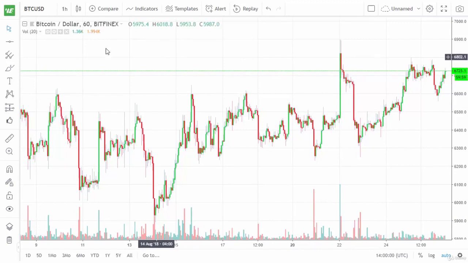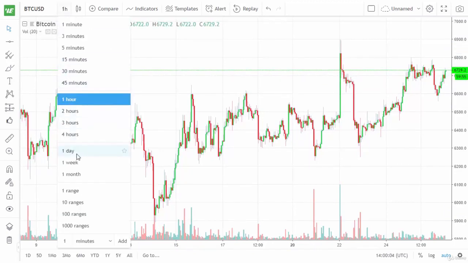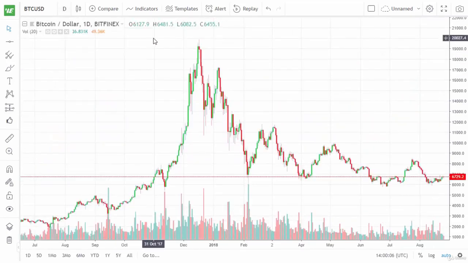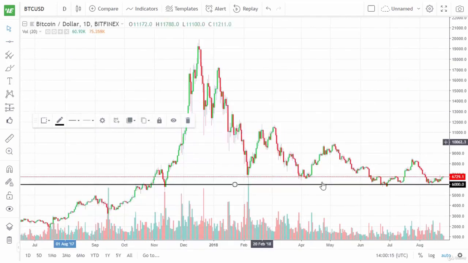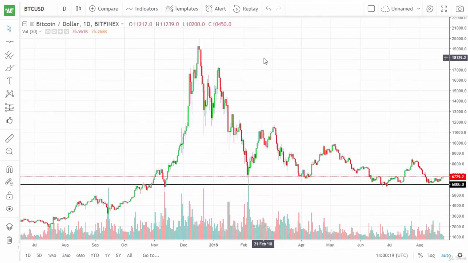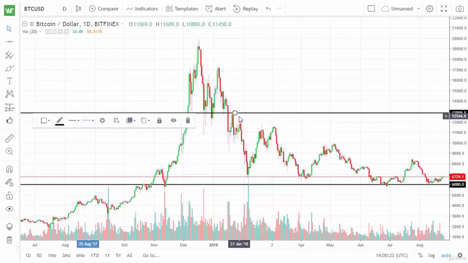So the last thing that I would say about support and resistance, it's more important on the higher time frames. So while you can go through on the 15-minute chart and find minor support and resistance levels, the ones that truly matter, the ones that truly move the market, are found on the daily or even weekly.